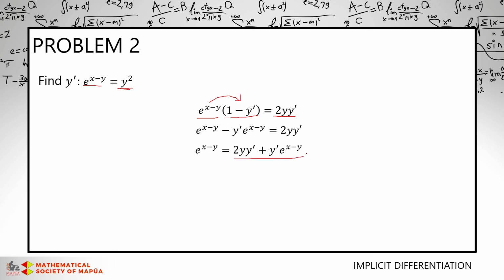And then, again, after that is factor out nyo yung y prime. So, we have e raised to x minus y is equal to y prime times 2y plus e raised to x minus y. And then, isolating y prime, we need to divide both sides by this. So, we have y prime is equal to e raised to x minus y over 2y plus e raised to x minus y.